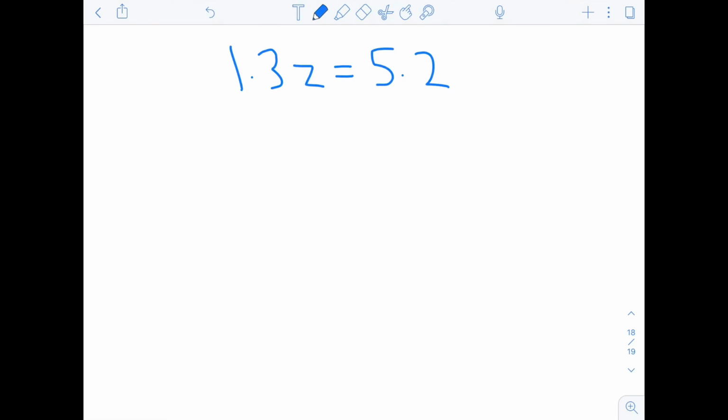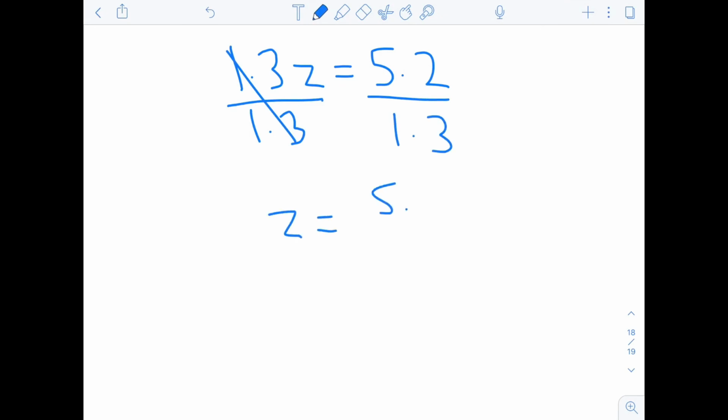So let's do this one. 1.3z equals 5.2. So we're multiplying by 1.3, so let's divide by 1.3 to cancel it out. So you're left with z equals 5.2 divided by 1.3.